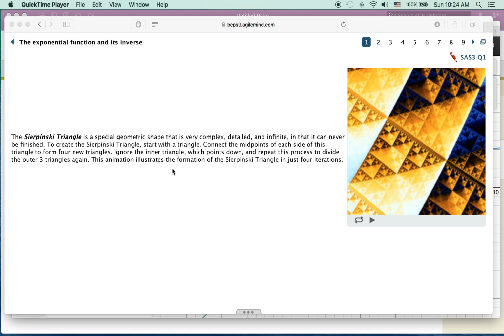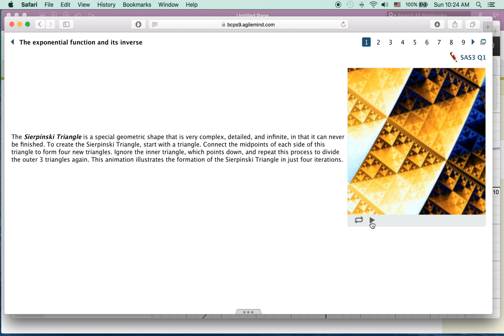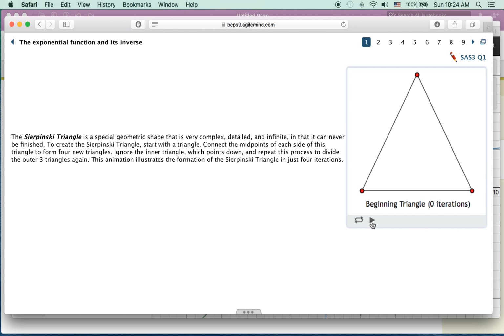We're going to look at a graphical representation of a function that increases very quickly. Let's look at this here. We're going to look at this animation real quick. This is something called a Sierpinski triangle. Right now at iteration 0, we have one triangle.